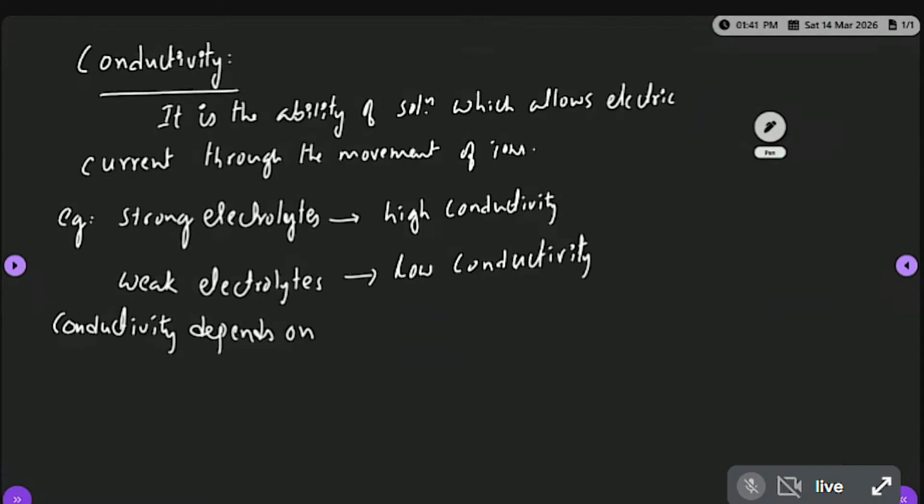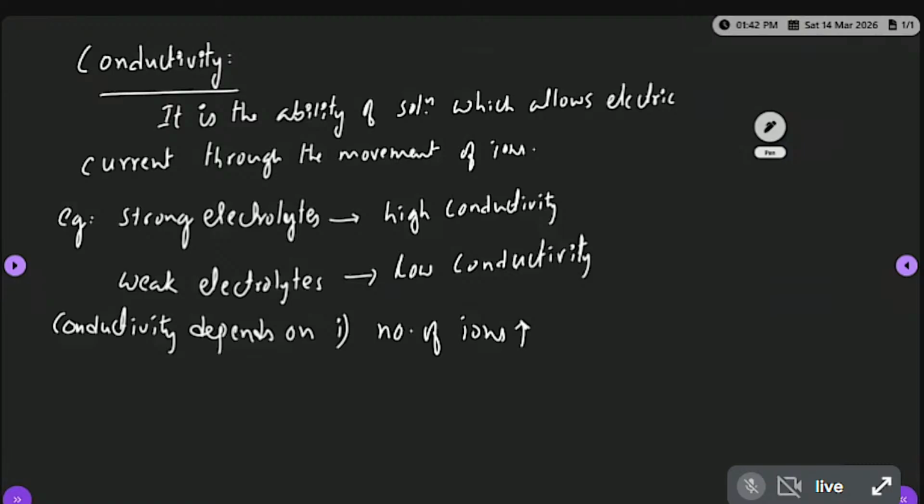The first factor is the number of ions. If the number of ions increases, the conductivity also increases. If more ions are there, they carry more current.